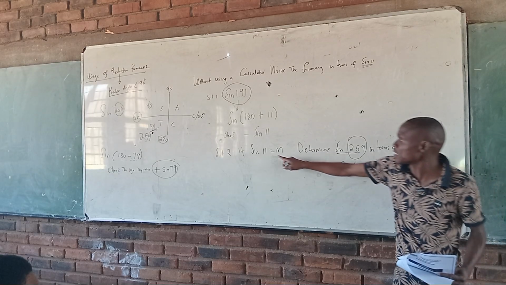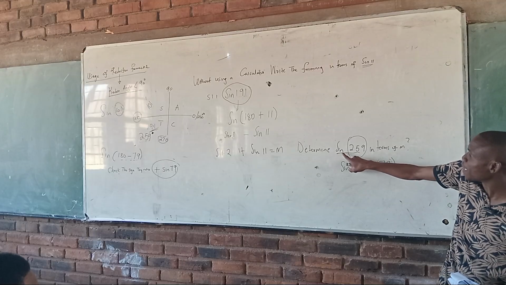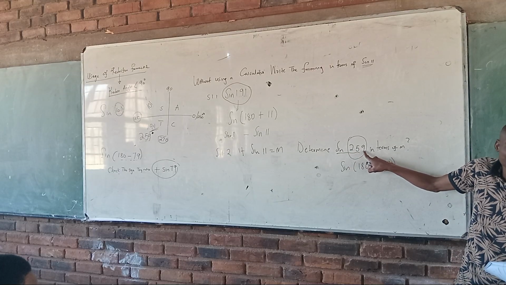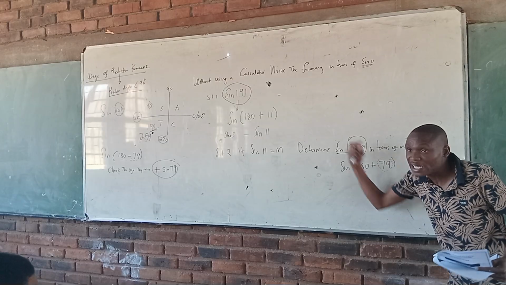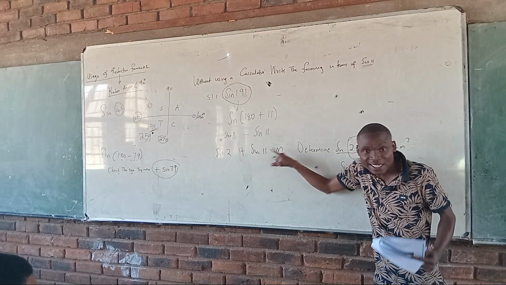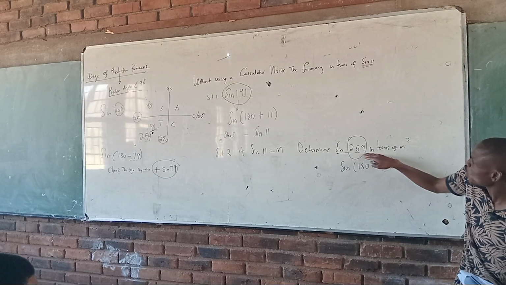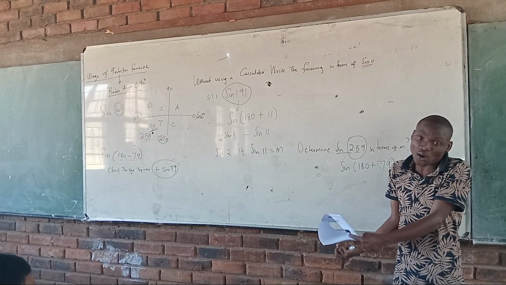Remember about sine 11 is m. So when you express sine 259 in reduction formula, you have to try by all means to use 11. You are told about the angle 11. Sine 11 is m. So you have to write sine 259 in such a way that it involves 11.